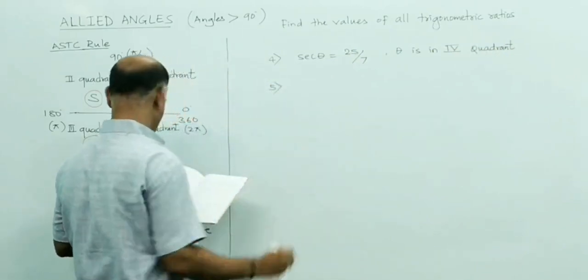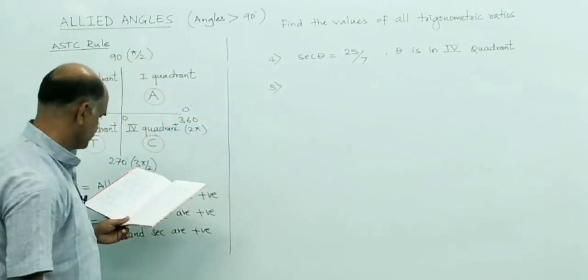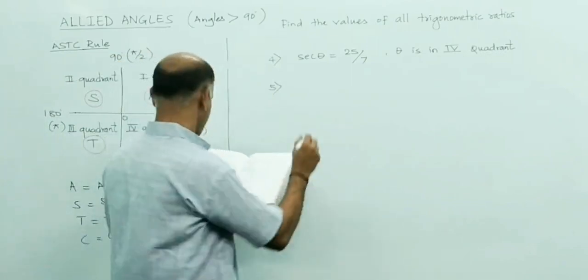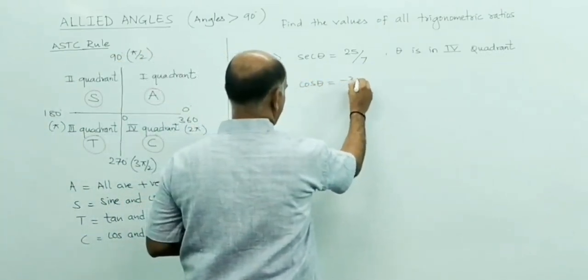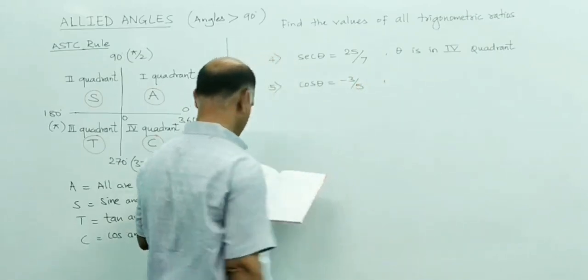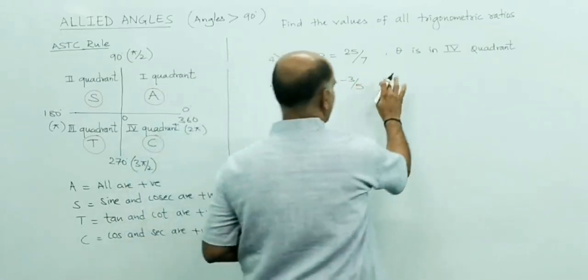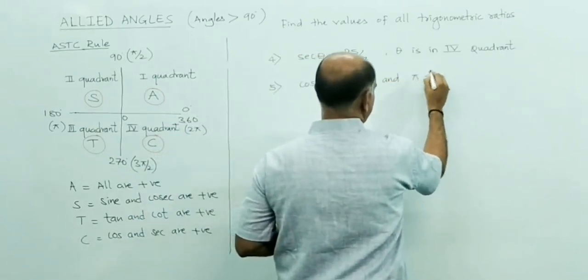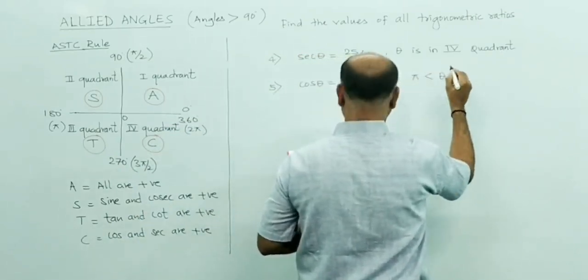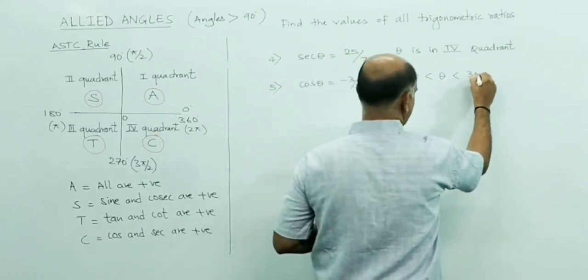Fifth, cos theta is equal to minus 3 by 5 and pi is less than theta less than 3 pi by 2.